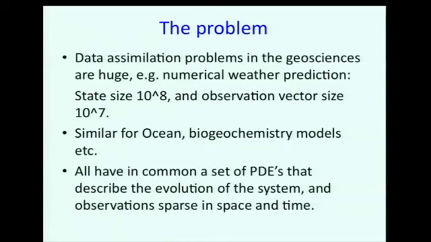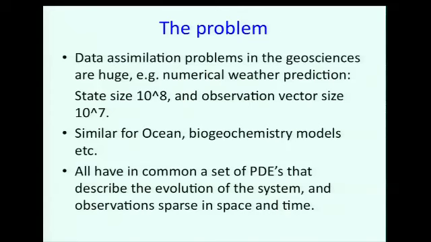As an example, numerical weather prediction: state size some 100 million variables, observation vector of the size 10 million, that kind of problem. So I'm not working on parameter estimation, at least not yet. I'm working on state estimation, so variables that change over time. We do it for the atmosphere, for the ocean, and so on.